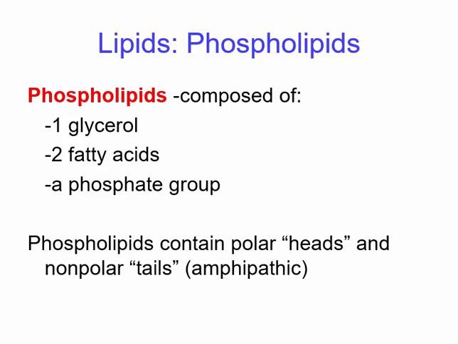So this is interesting because now you have a molecule that is nonpolar in some ways with those fatty acid tails, but you have this phosphate group. And if you remember, phosphates are super polar. So this ends up creating a molecule that is both polar in one part and nonpolar in another part. The term we use to describe that is amphipathic. So it has polar and nonpolar regions.